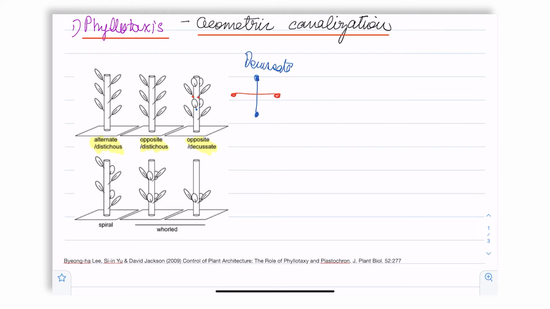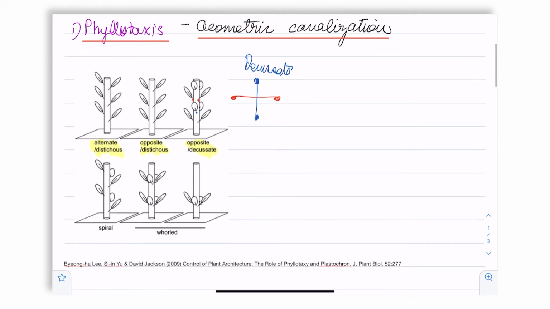And in some cases, you are likely to find a spiral, which means that the line that can be drawn to connect the leaves as they emerge forms a helical structure around the stem. This is, you could say, an imaginary model, a spiral.